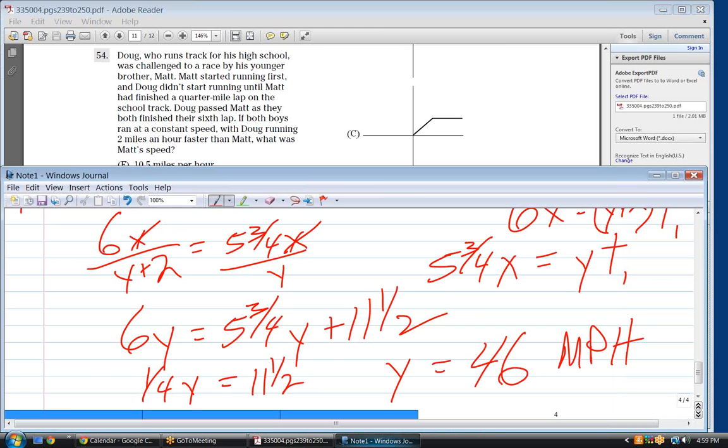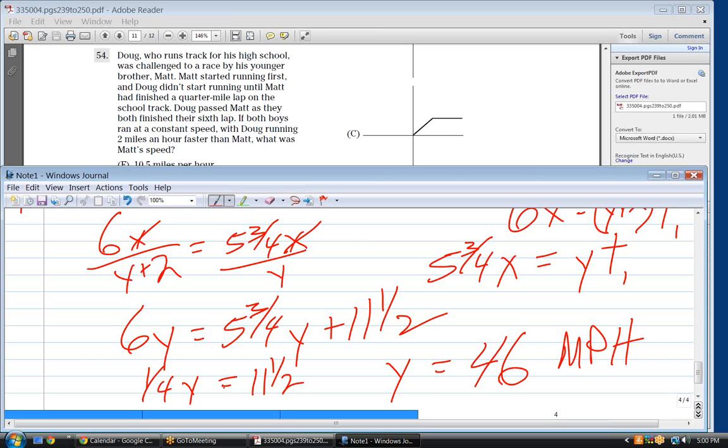Hold on. I think I just did a math error is all. I got 6y equals 5 3/4 y plus 2 times 5 3/4. 2 times 3/4 is 1 1/2. Okay. Now I subtract 5 3/4 y, leaving 1/4 y equals 11 1/2.